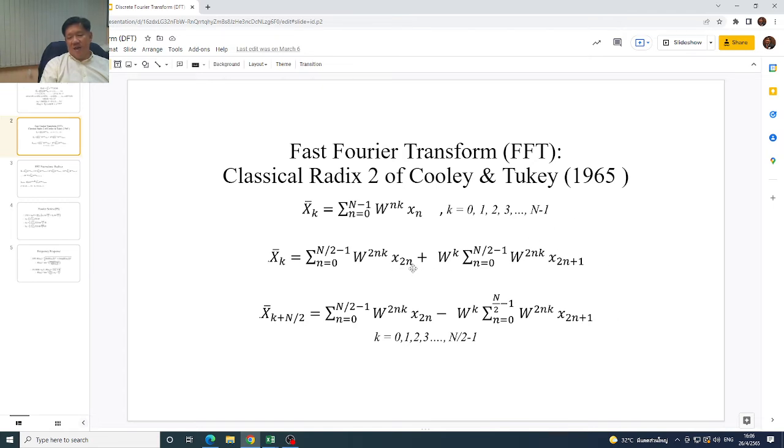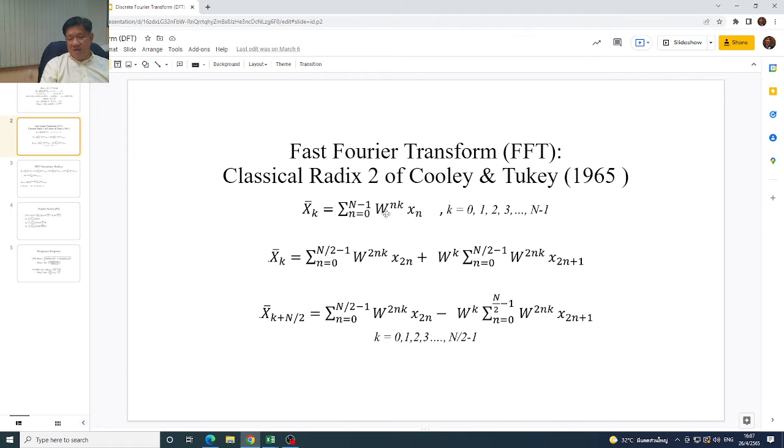And the remaining odd terms we represent as x sub 2 times n plus 1, since n starts from 0. Now you can separate this summation into two terms. The first term only considers the even terms, so n is reduced by half, n equal to 0 to N by 2 minus 1. This is half the terms of this.